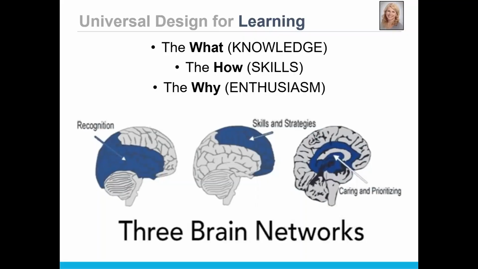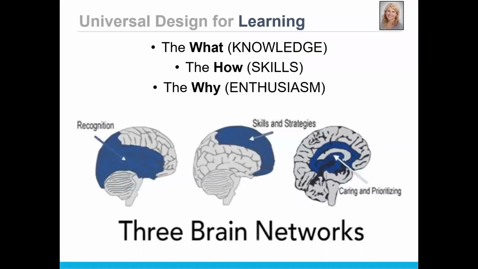The knowledge parts of the brain, you see pictured there and labeled as recognition. But there's a different part of the brain that is involved in skills and proficiency in those skills, and we're going to call that the how, and you see that labeled there. And then the why, that enthusiasm for learning that can allow us to persist and to engage in the classroom.